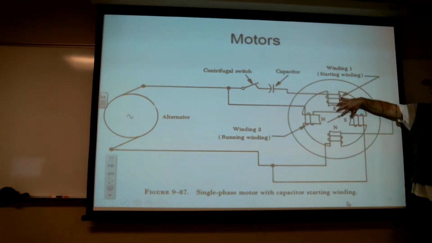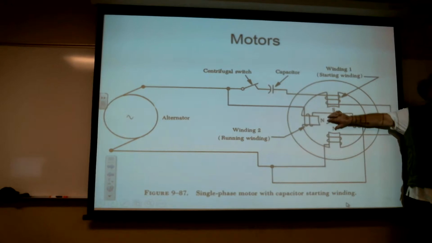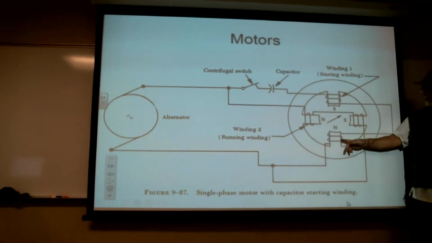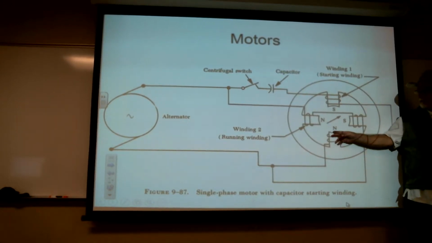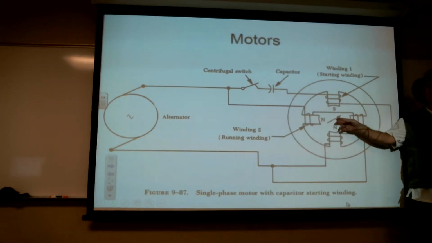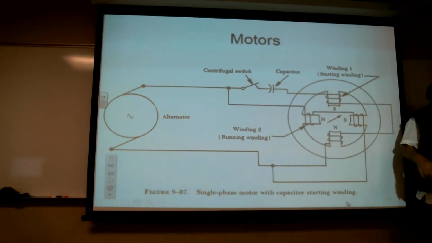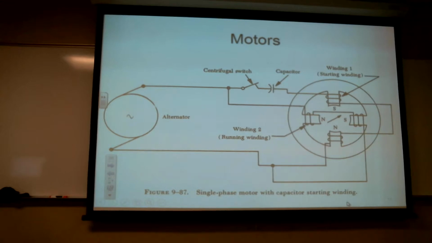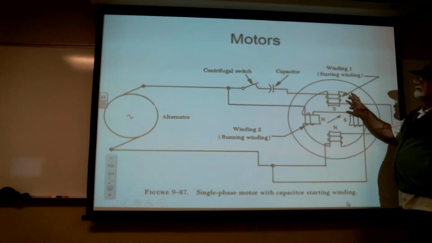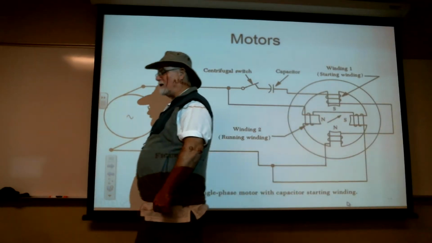These two windings here are going to distort the magnetic fields enough to where instead of pulling straight across, they'll do an S like this. They'll distort some, and so as they pull, they're going to kind of go this way a little bit. And that's going to help it go a specific direction. Right? And then once this comes up to speed, something kicks that offline.